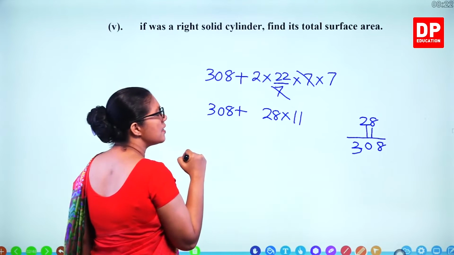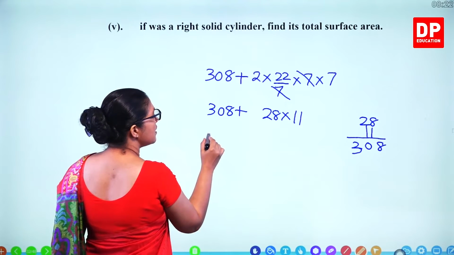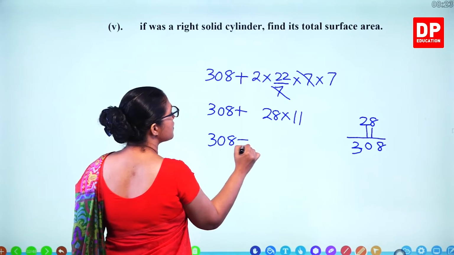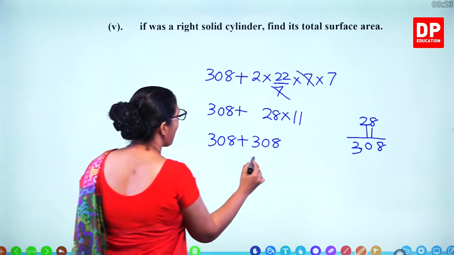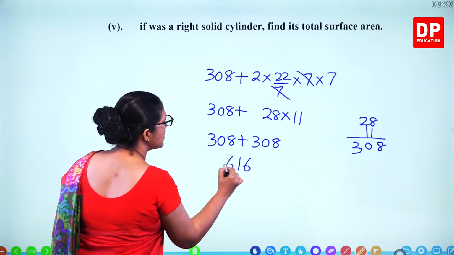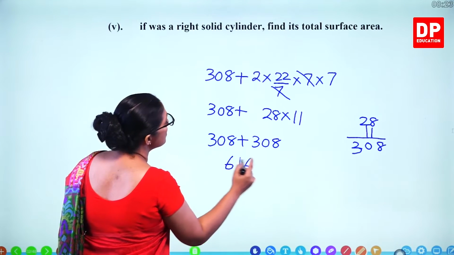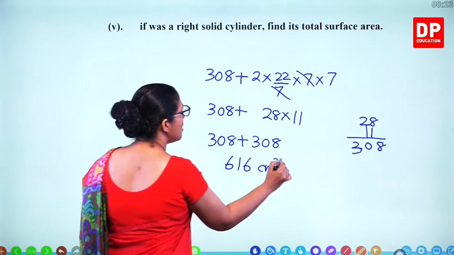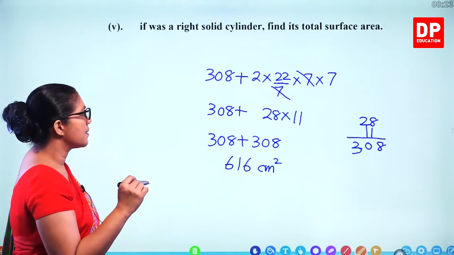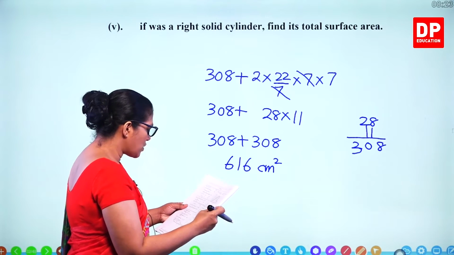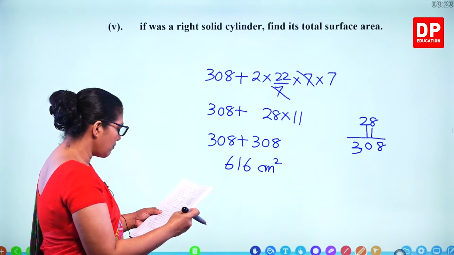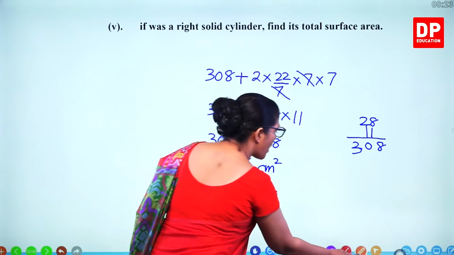So, this becomes 308. So, 308 plus 308, you get 616. What's the unit? This total surface area, square centimeters. So, how many marks for this step? Again, 2 marks.